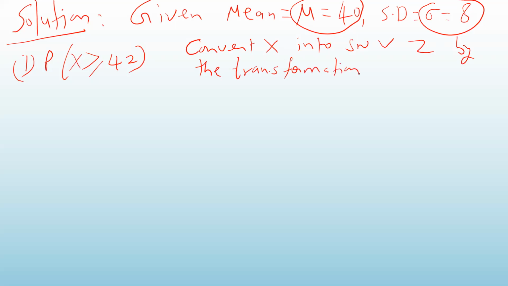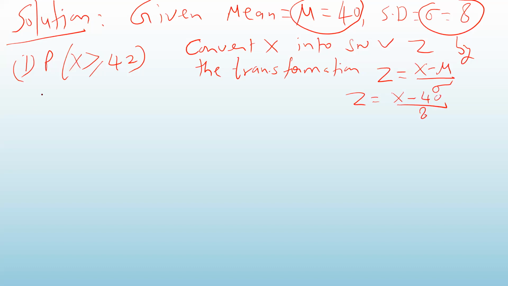You remember the last property, as I told you, z equal to x minus mu upon sigma. We will convert x into z in all our problems. The reason is that the areas are available only for the curve of the standard normal variate. That's the reason. Okay. So z is x minus mu, that is x minus 40, upon sigma, which is 8.